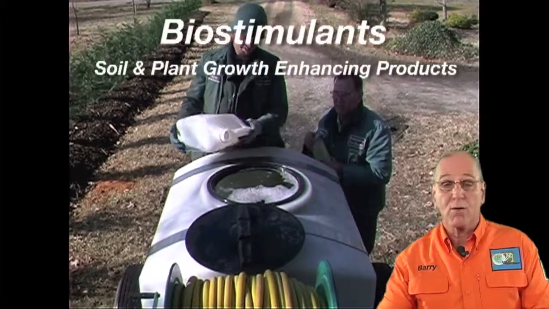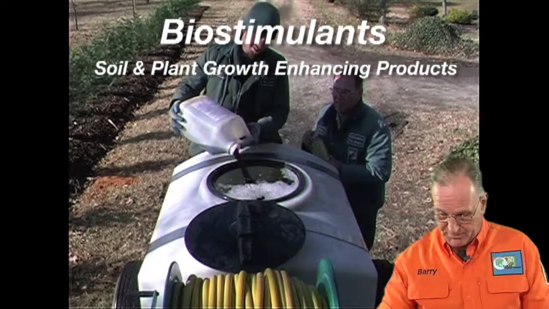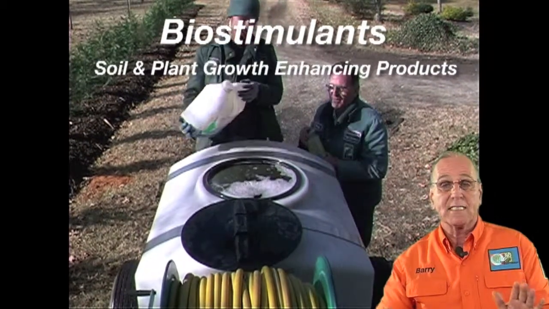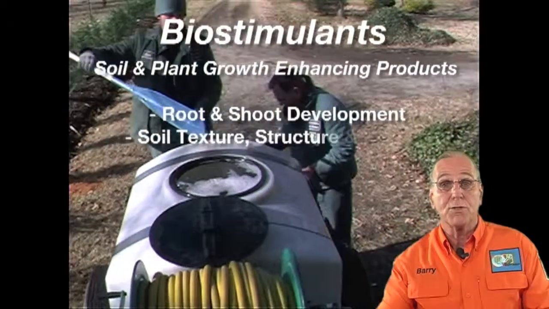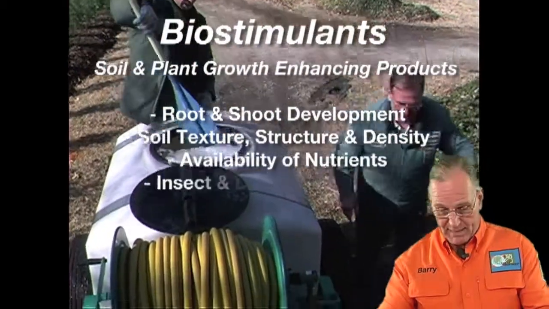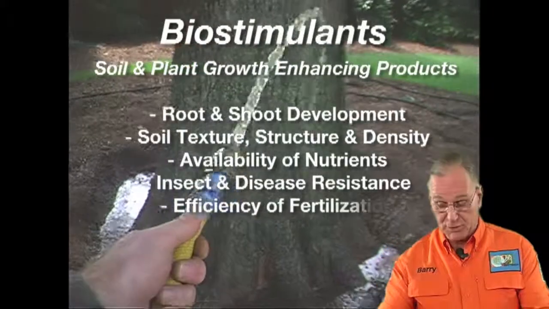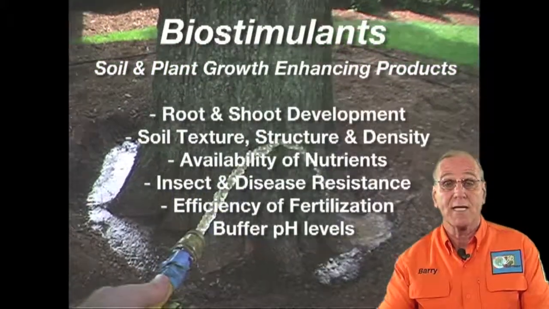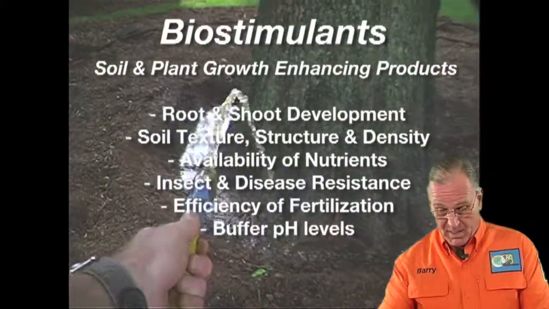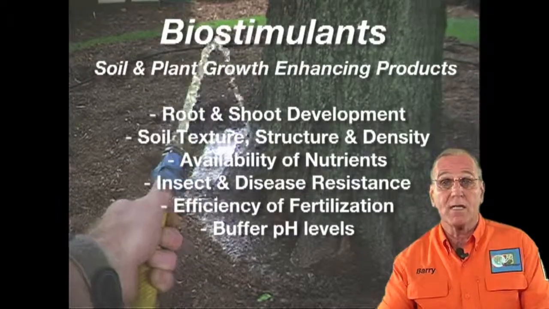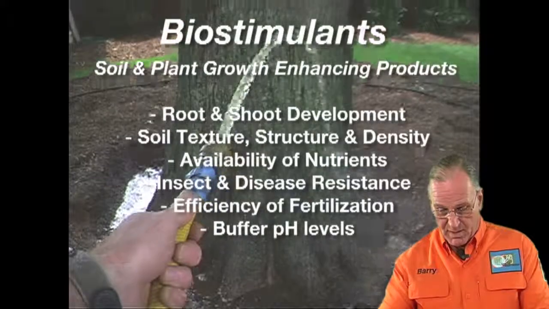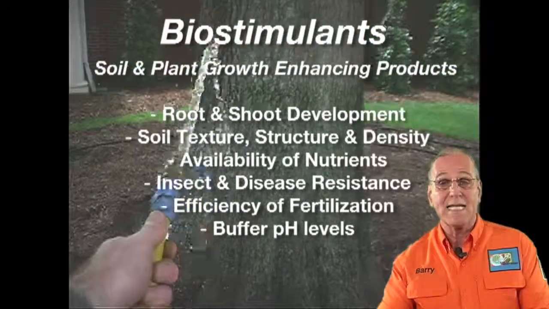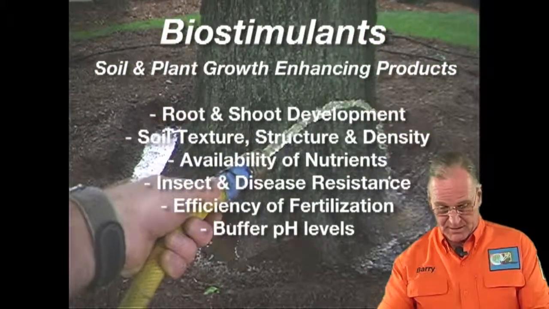Now, biostimulants are soil and plant growth enhancing products that do 6 distinct things, and I'm going to name them for you. Root and shoot development. They improve these dramatically. They improve soil texture, structure, and in some cases, density. They improve and facilitate the availability of nutrients. They improve insect and disease resistance.